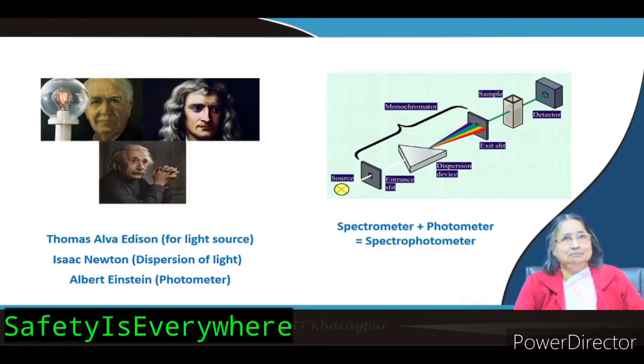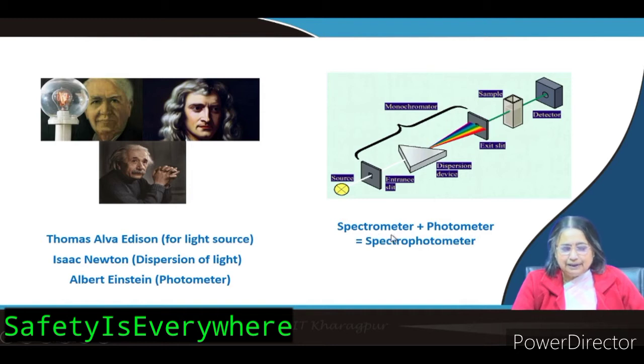Although his most famous discovery is the relativity theory, that is not an experimental thing, that is why he did not get the Nobel Prize for that. So, basically all three scientists' contributions are here in the spectrophotometer.